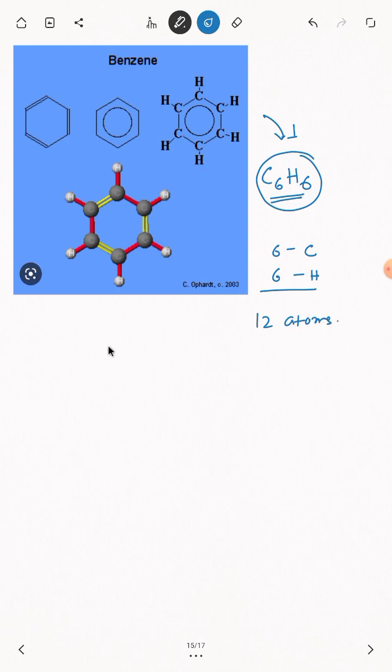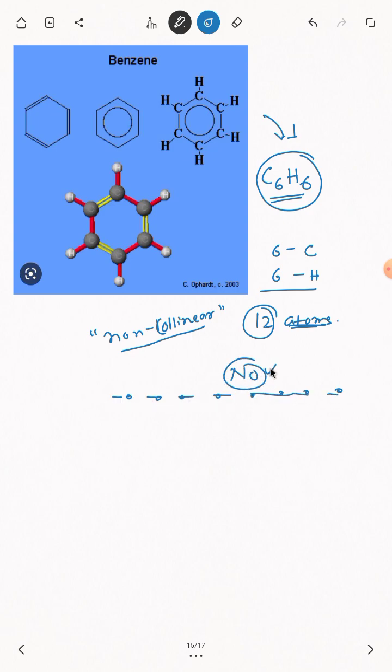Is this non-collinear? That means, can we see all these 12 points, 12 atoms meaning 12 points, in a particular straight line? No. Since they are not along a straight line, they will be called non-collinear.